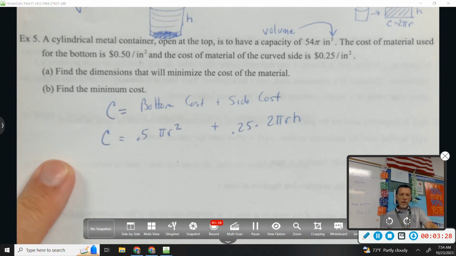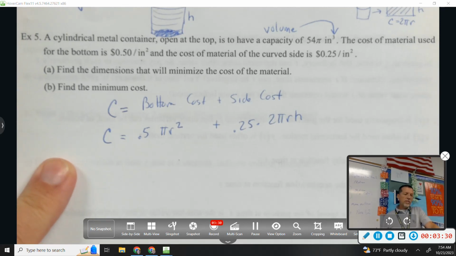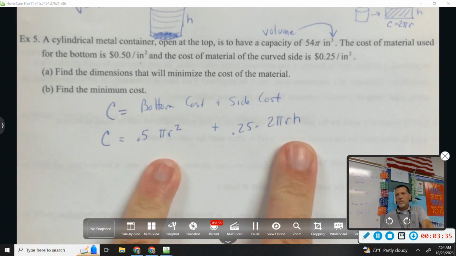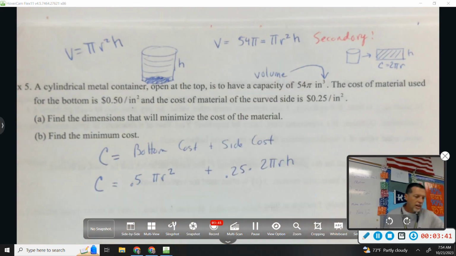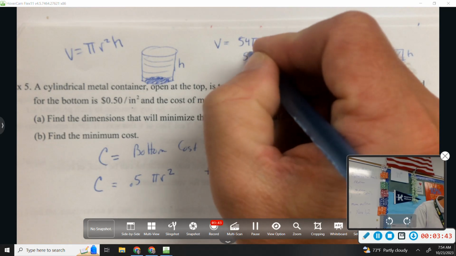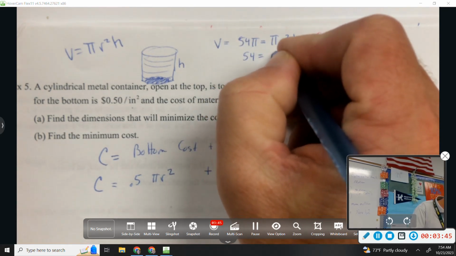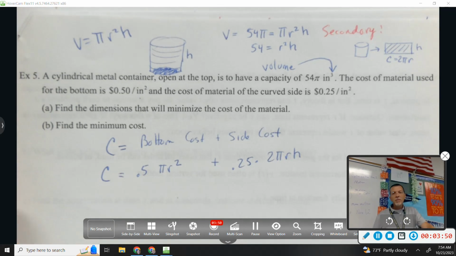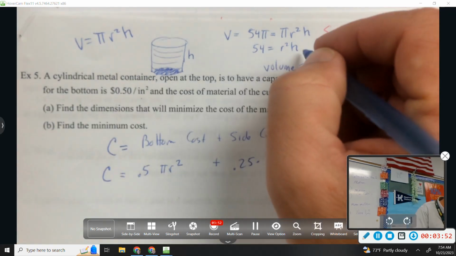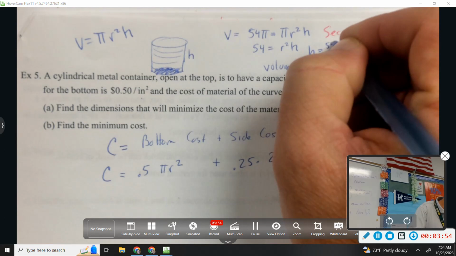Okay, that's my primary equation. That's what I want to take a derivative of, but not yet. Why not yet? What don't I like about this equation? Two variables, so that would be a real pain to deal with. But I've got a secondary equation I can use up here. 54 equals r squared h. Again, solve for either one, but solving for one of the variables looks a whole lot easier.